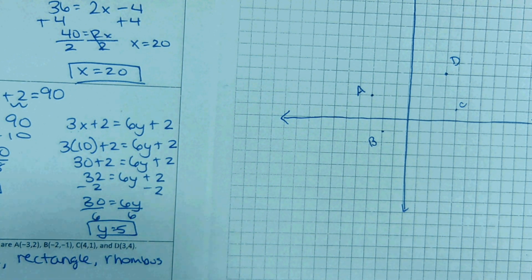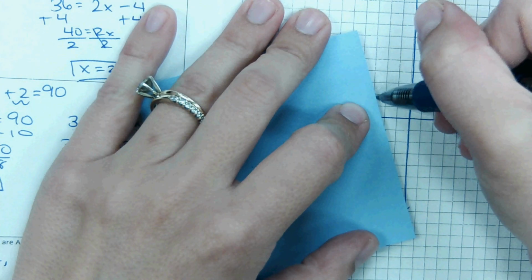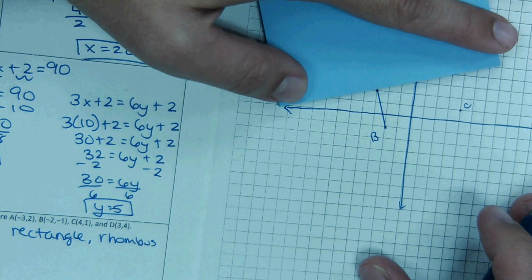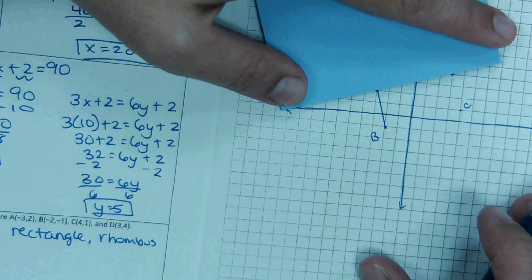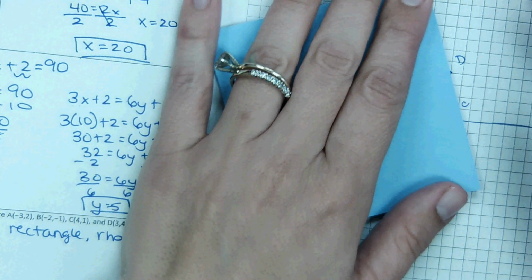Then once you have the points, connect the dots. You can use your ID too to get a straight line.